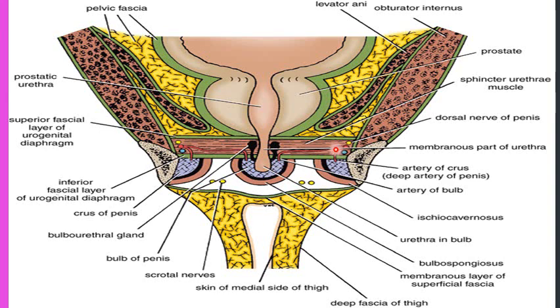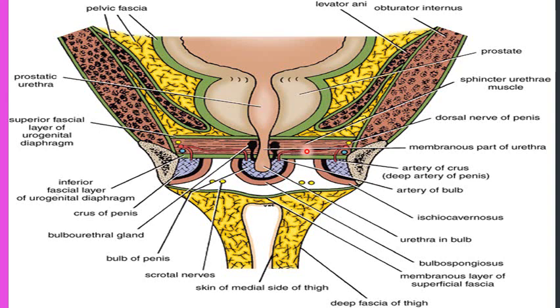Then the blood vessels present are the artery of the penis, and those four branches which enter up into the perineum and scrotum. These are the artery of the bulb of the penis, which you can see entering through it, the deep or dorsal artery of the penis, and the urethral arteries.